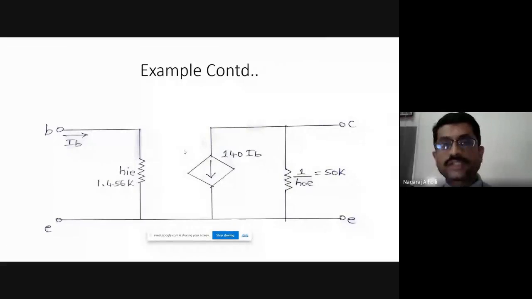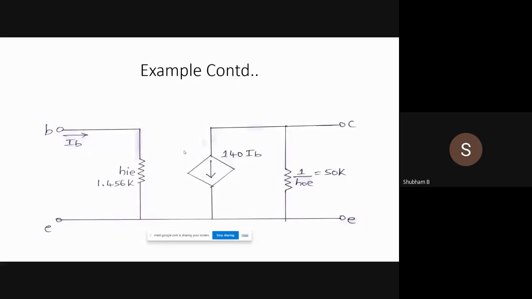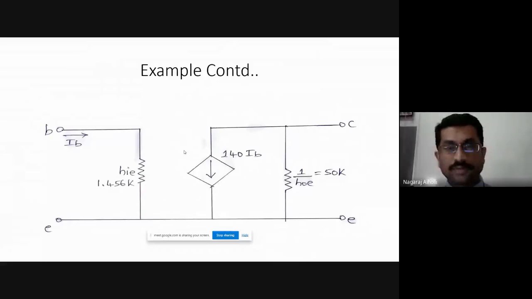Suraya Bano? Shubham Bekwadkar. Did you all note down the circuit, this one? Model? Yes, sir.